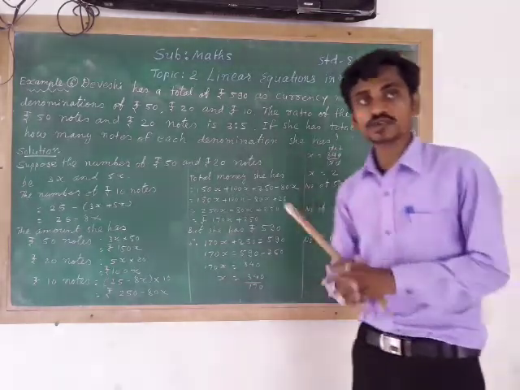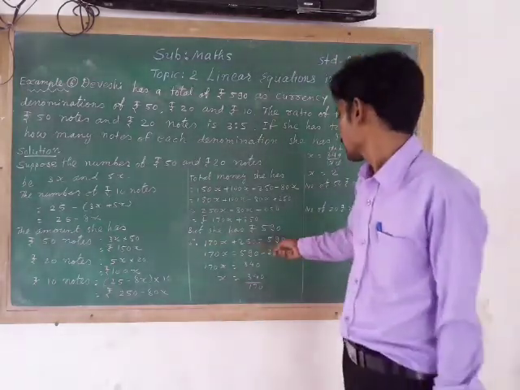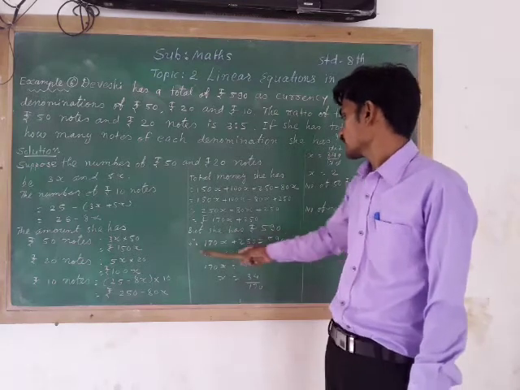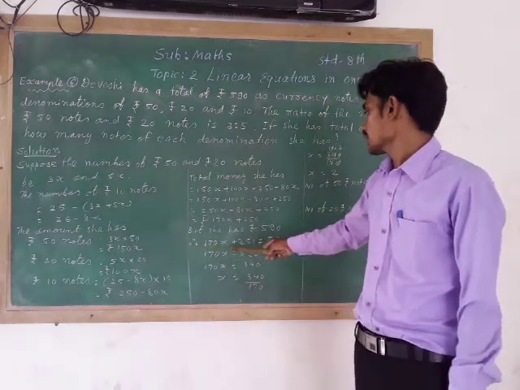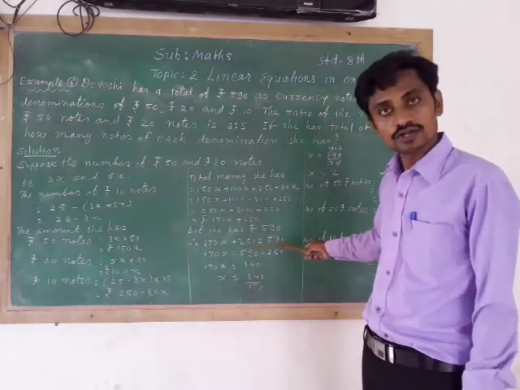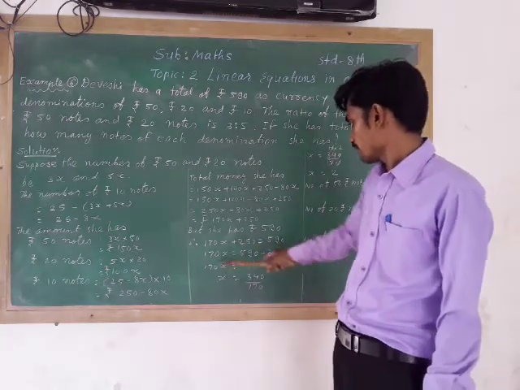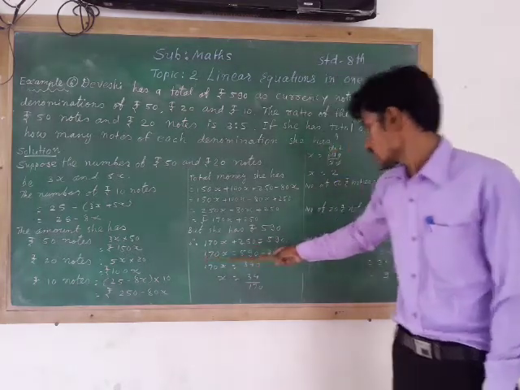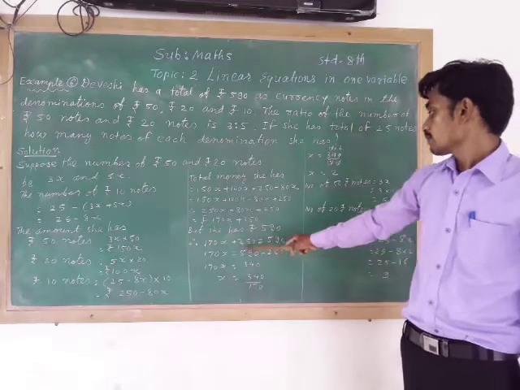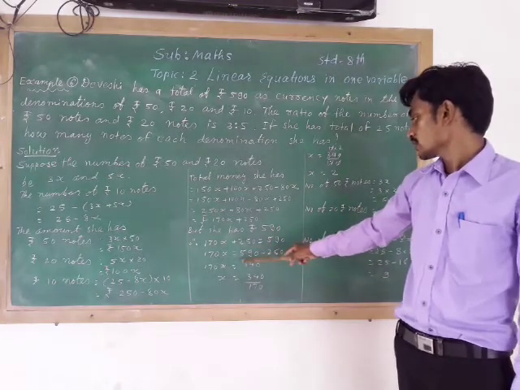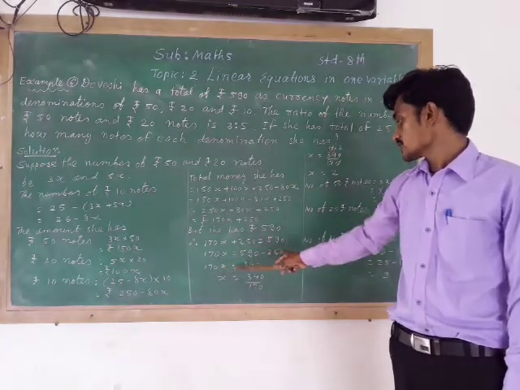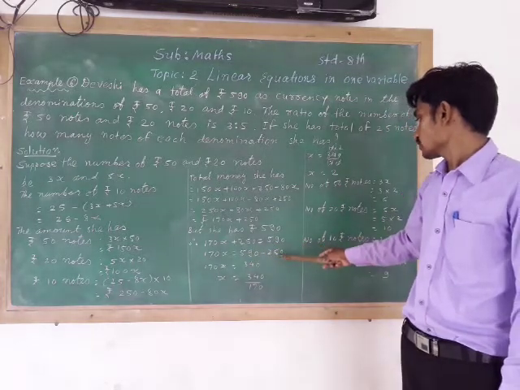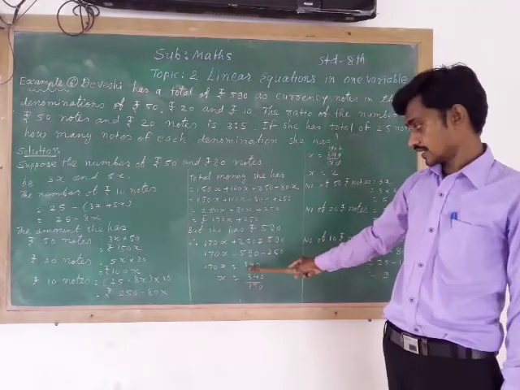But she has how many rupees? Rupees 590. So 170x plus 250 is equal to 590. 170x is equal to 590 minus 250, which is equal to 340.